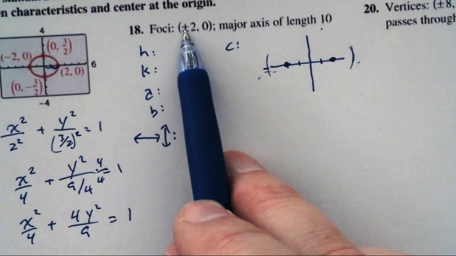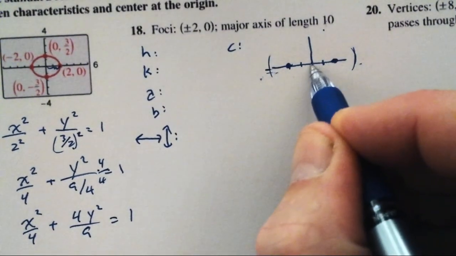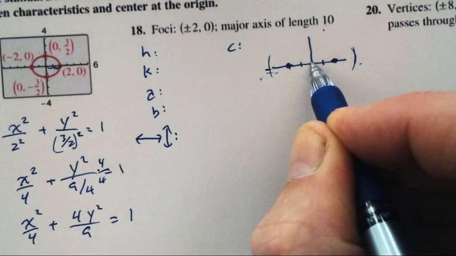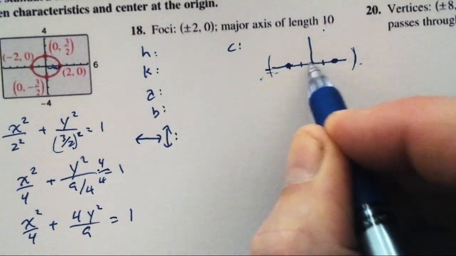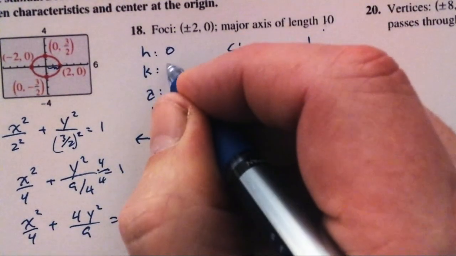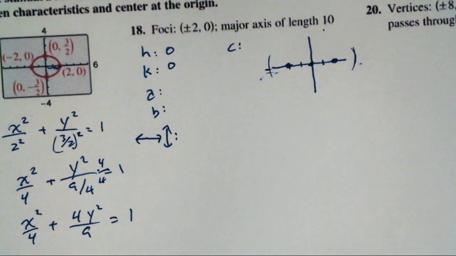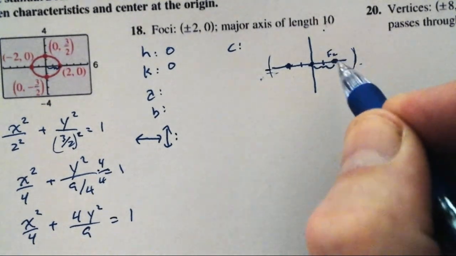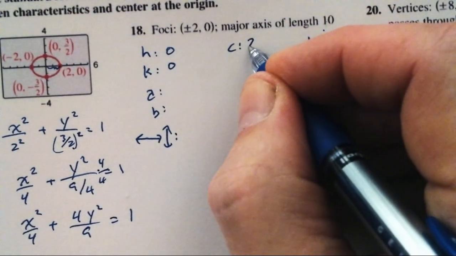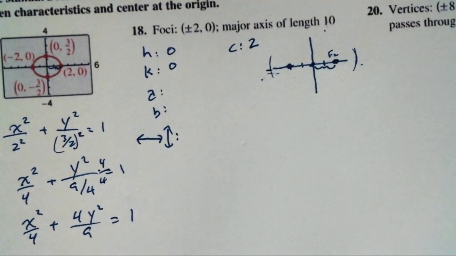But when they give us the foci, here's what I know. I've got h, k. That is the midpoint of the foci, and that's 0, 0, although we already knew that in this problem. The other thing it gives us is, you can't spell focus without C. The C value is 2.